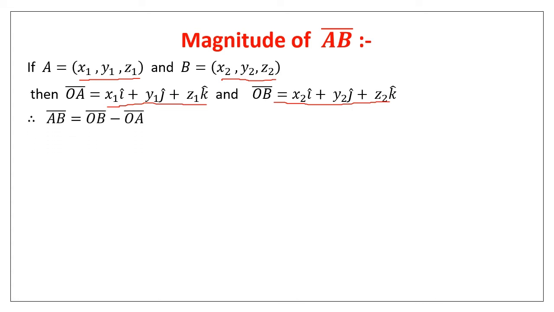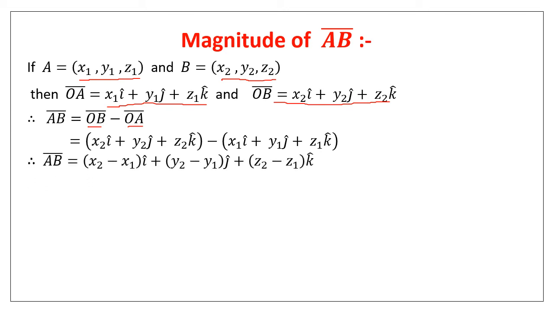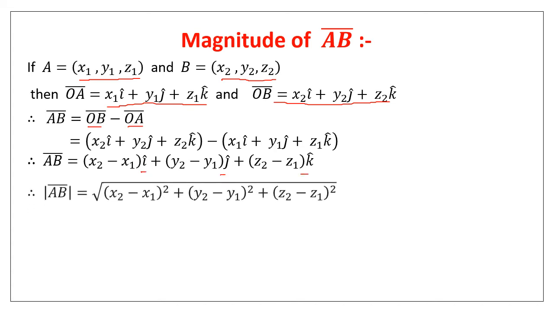From this student, using above result, we can write AB bar equals position vector of point B minus position vector of point A, that equals OB bar minus OA bar. Substitute the given vectors and then collect the I cap, J cap and K cap vectors.